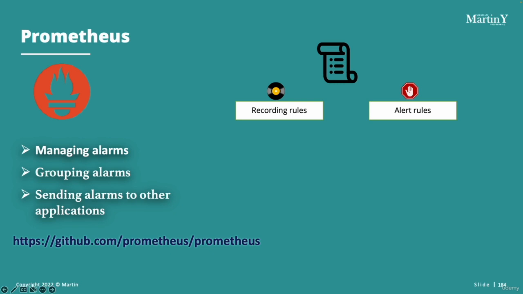These alerts have to be written in the Prometheus language for Prometheus to be able to understand and execute the alerts. So the software contains a local database on the disk to store corresponding data, but it can also be used on the remote systems.